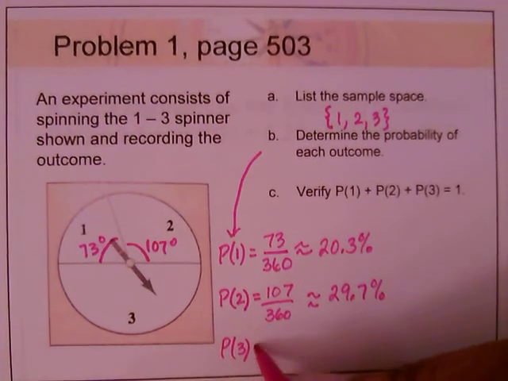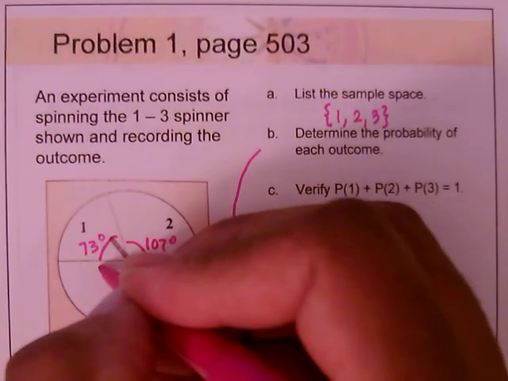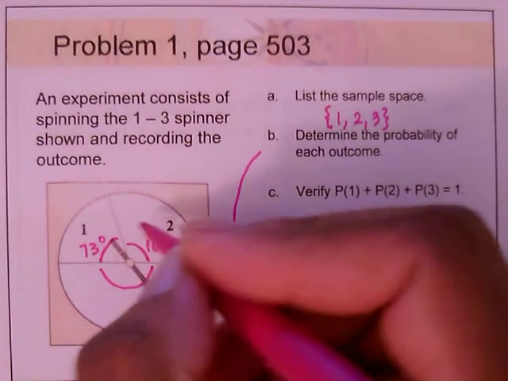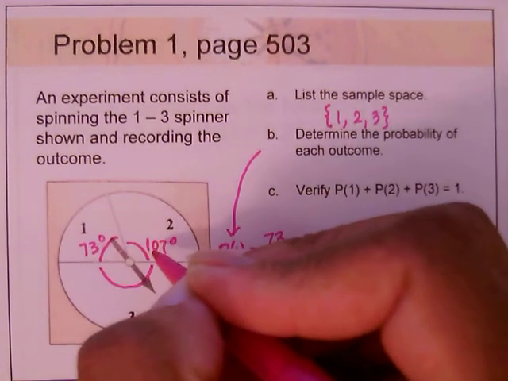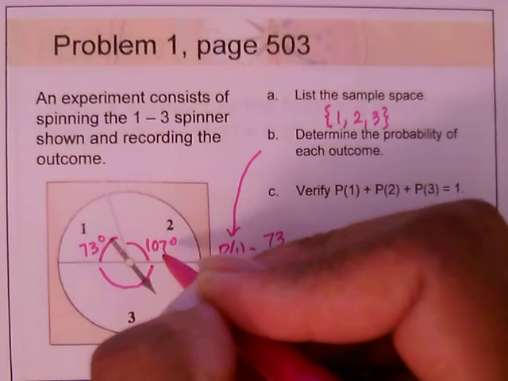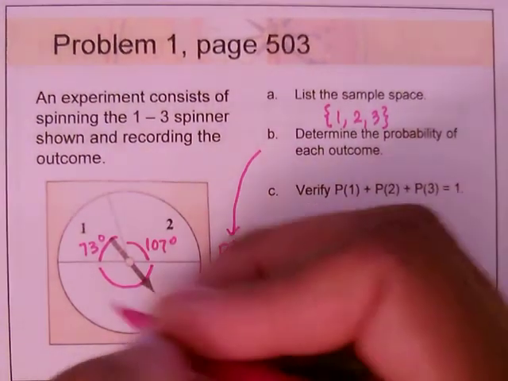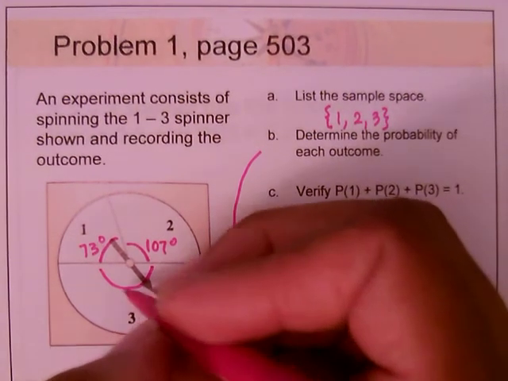And the probability of spinning a 3, well, they don't give the degrees here, but I know this. If I know what 73 is, and I know this is 107, add those numbers up, that's going to be 180. The whole circle is 360, so subtract 180 from the 360, you'll get 180 degrees.